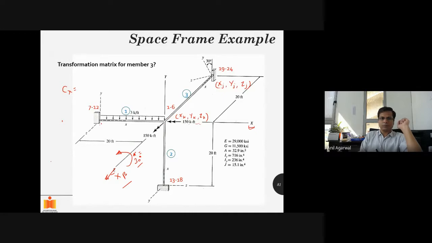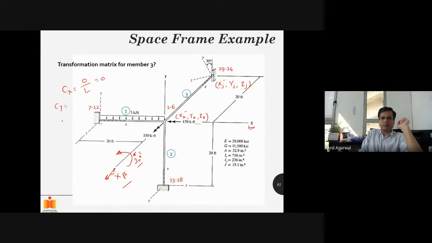So for this member, what is its projection in the x direction? 0. What is the difference between this x and this x? Basically, what will be the projection? The projection will be this distance minus this value. So x_j minus x_k is how much? 0. 0 divided by L, 0. Okay.